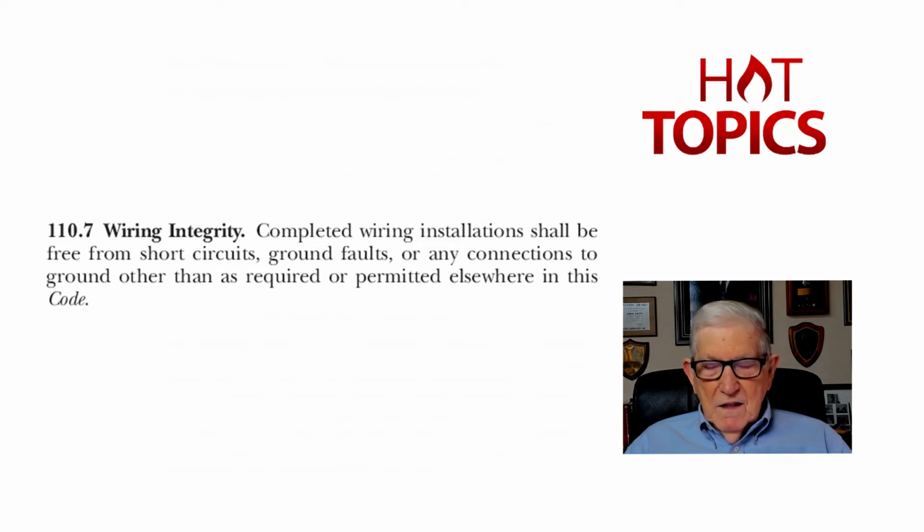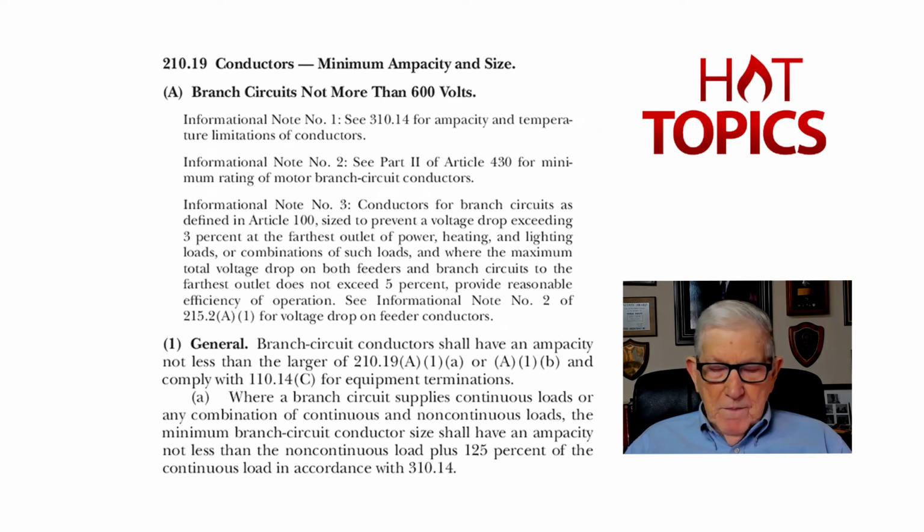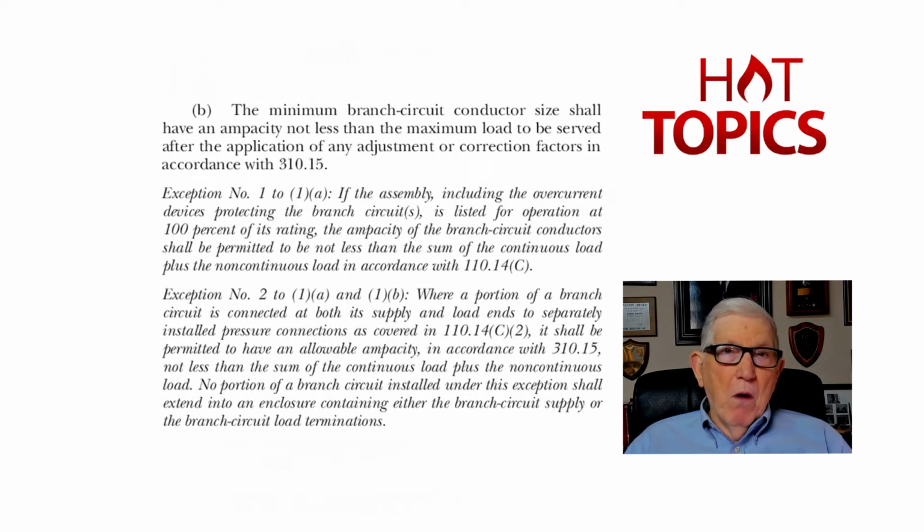Now, in dealing with overloads, we would look at 210.19(A)(1), and that's around page 65 of the code if you wanted to look that up. And for motors, it's 430.32(A)(1).